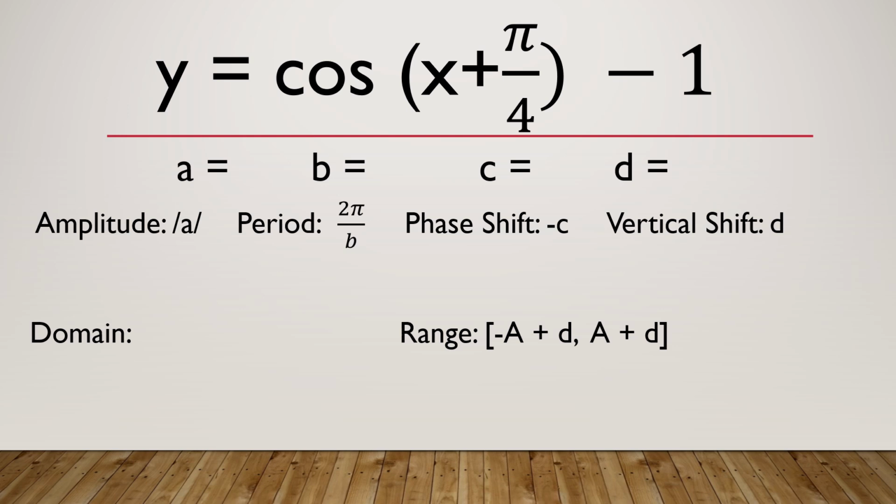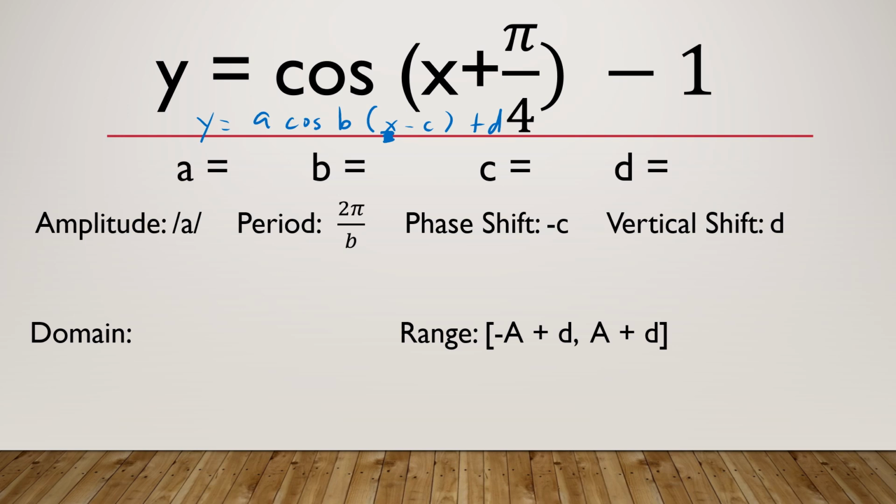If it is not in the form y equals A cos B quantity x minus C plus D. Take note, it's only x. If there is a numerical coefficient other than 1 in this parentheses, then it is not in standard form. You need to put that numerical coefficient outside the parentheses, like in our first example.